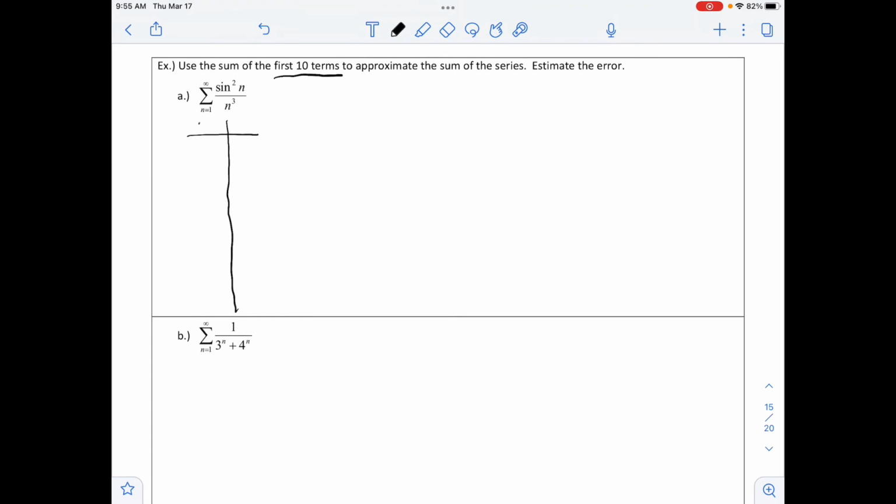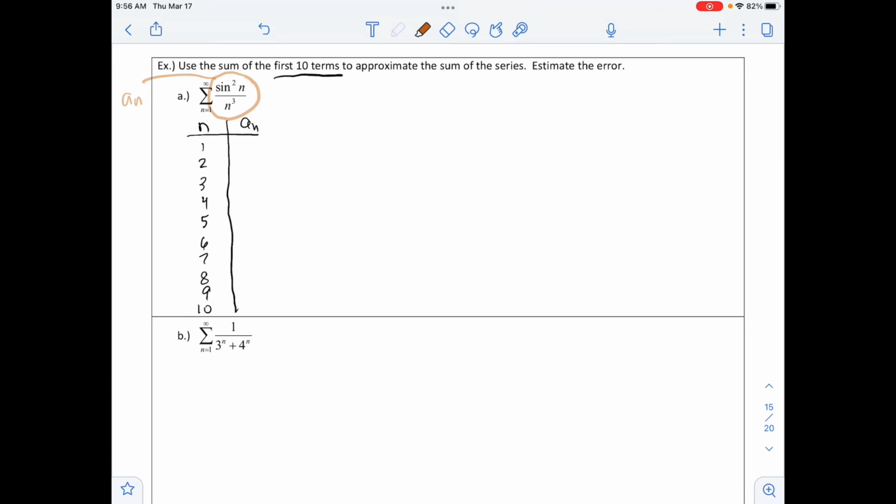This is going to be n in the first 10 terms, and then we're going to look at a sub n. Our a sub n is given to us right here. It's sine squared n over n to the third. So this is our a sub n.